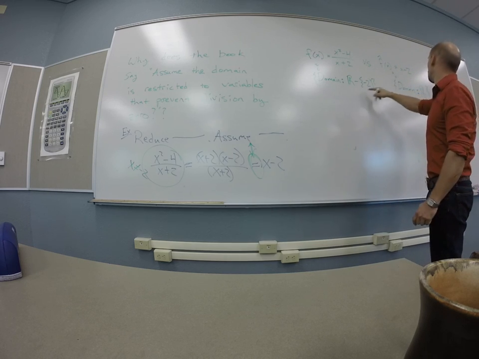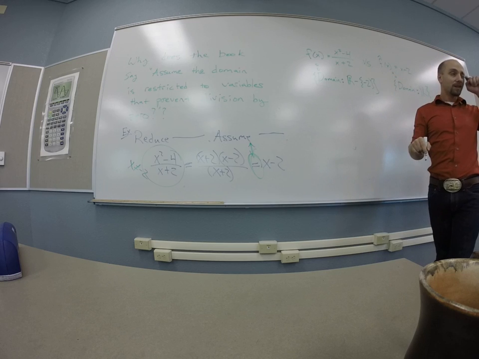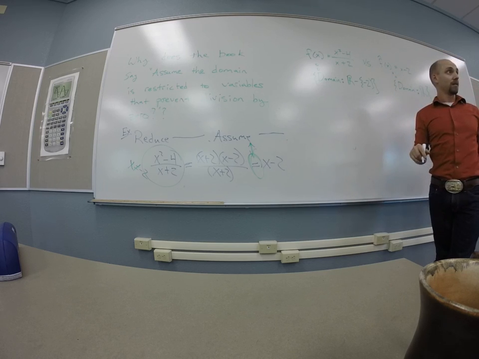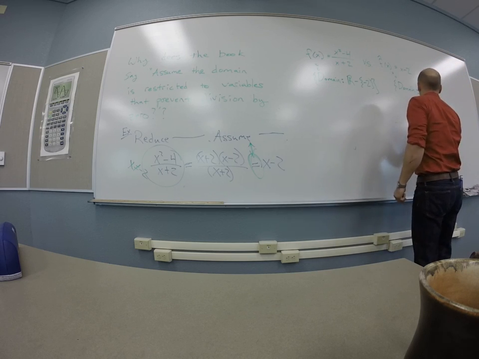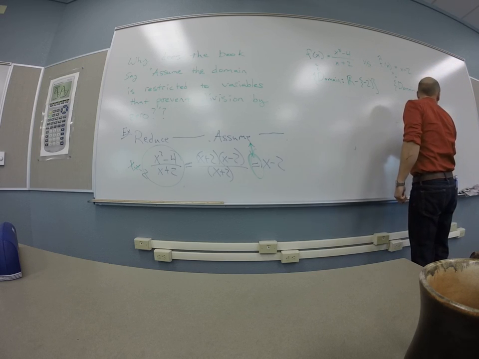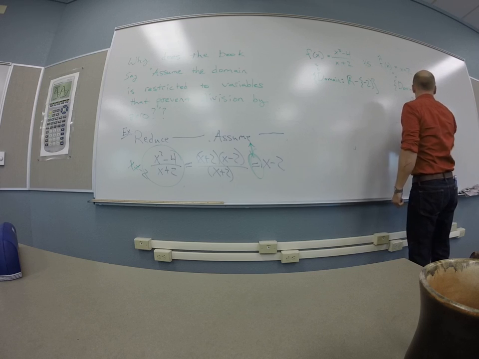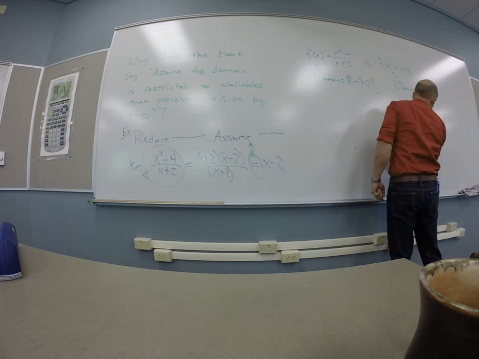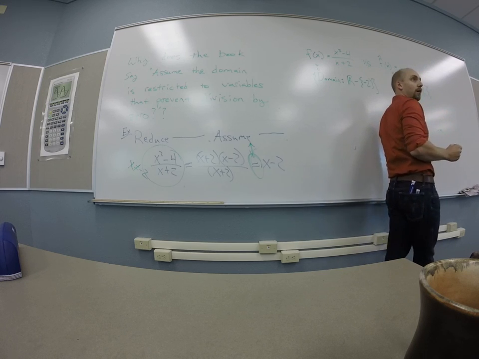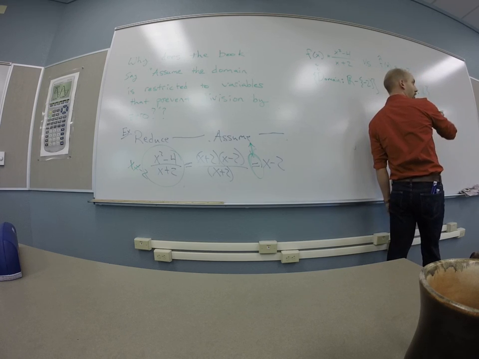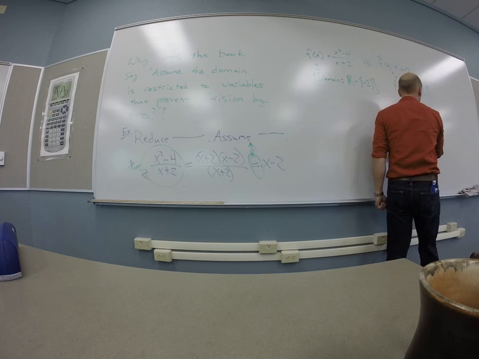So how do these graphically differ? This one's a line, definitely. It's got intercept -2, so there's a point 0, -2 on there. And it's got a slope of 1, so if I go over 1, I go up 1.